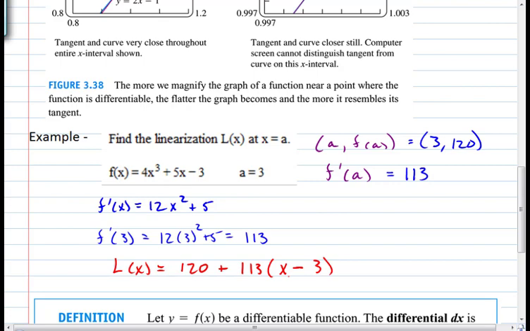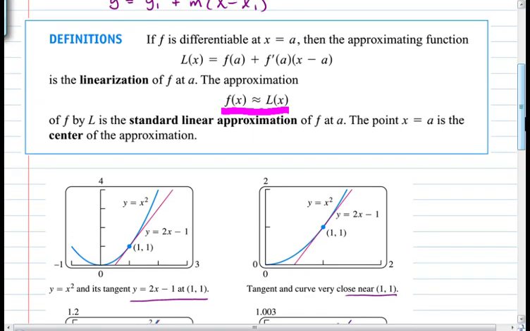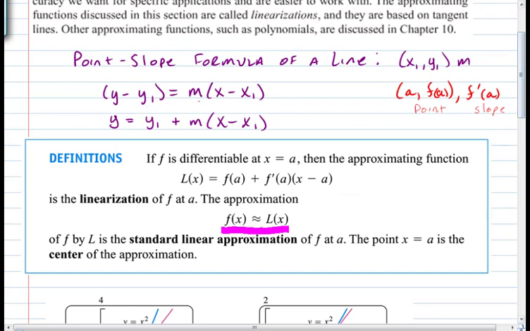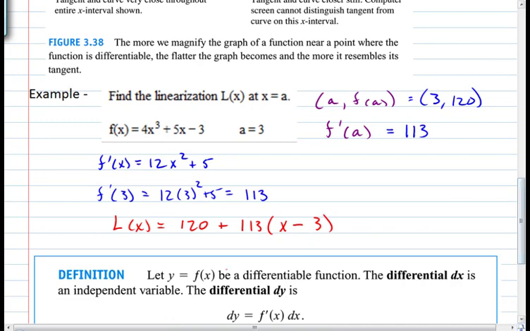Right? That came from this linearization formula, f of a plus f prime of a times x minus a, which was just a twist on the point-slope formula of a line. Okay? So why is this nice? Well, let's say we wanted to know what f of 3.1 is.